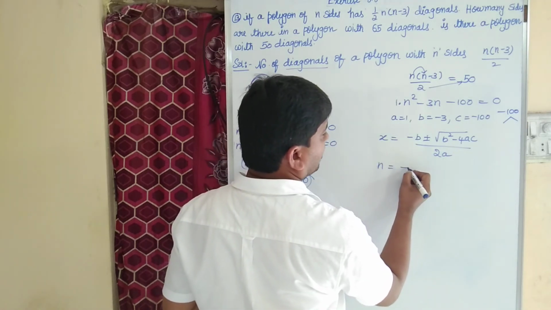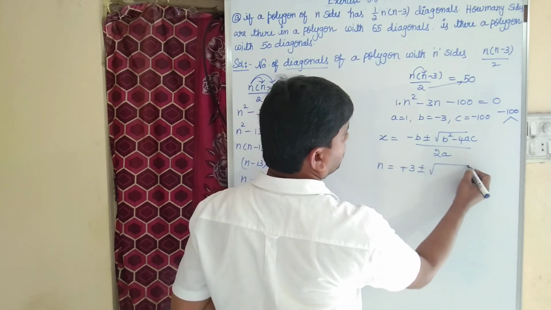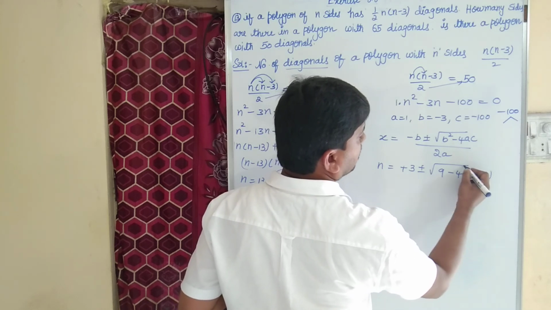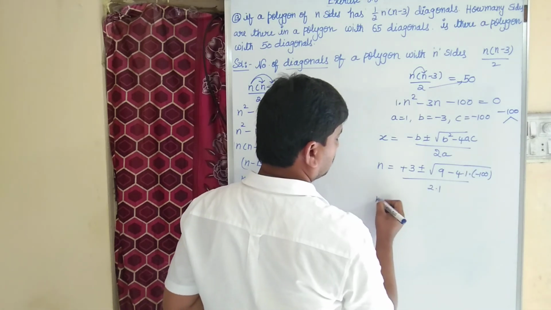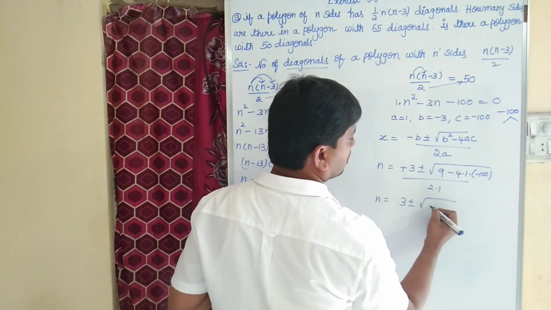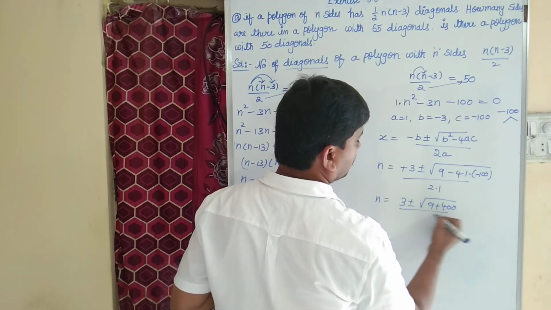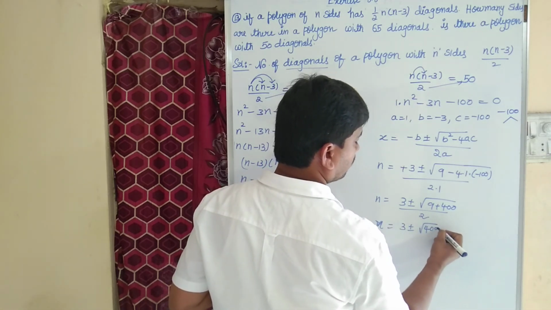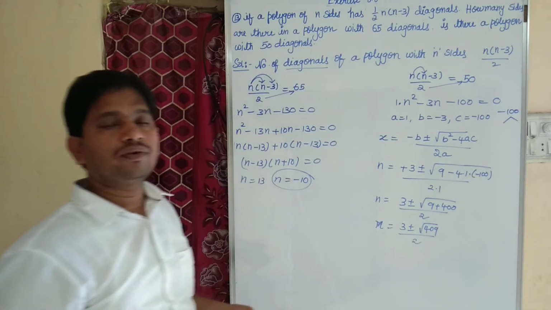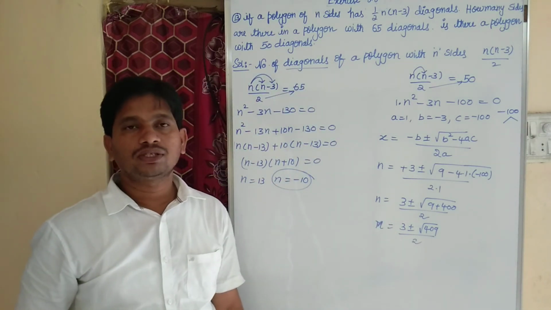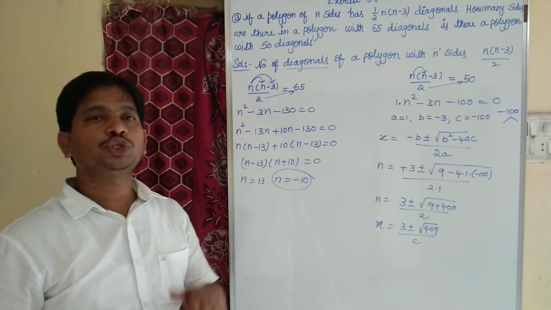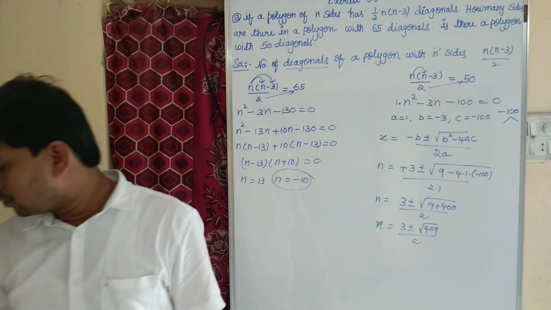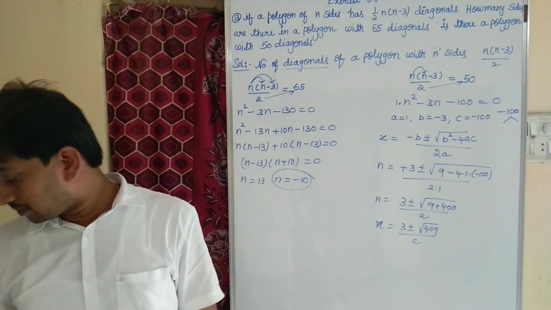So n equal to minus of minus 3, plus or minus root of 3 square, 9, minus 4 into 1 into minus 100, by 2 into 1. n equal to 3 plus or minus root of 9 plus 400 divided by 2. So n equal to 3 plus or minus square root of 409 by 2. We don't have a square root of 409, so you will not get a whole number. The number of sides should be a positive integer, right? So it is not possible. So there is no real value of n for which the above equation is satisfied.